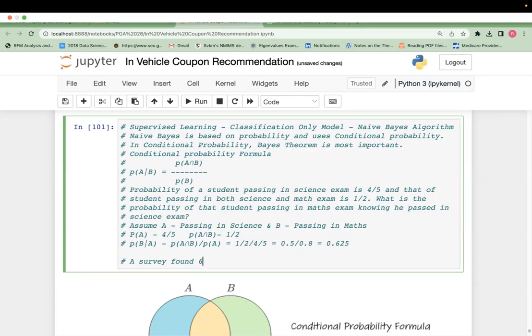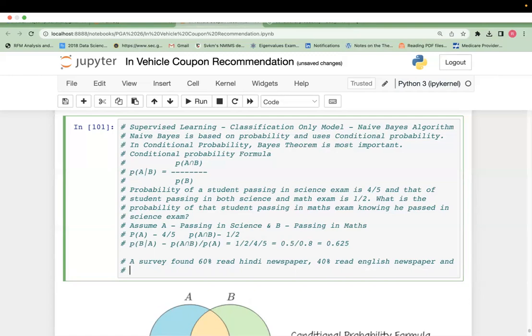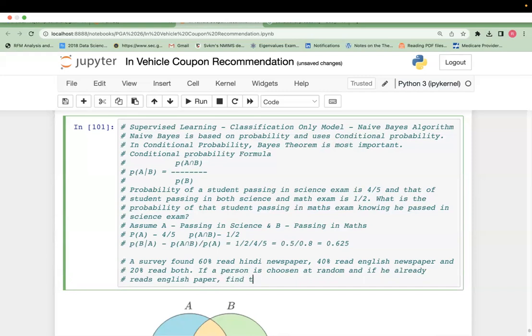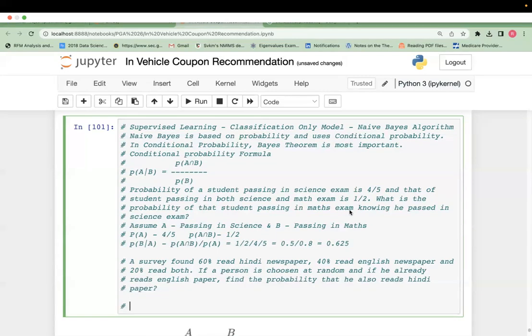A survey found 60% read English, 40% read Hindi, and 20% read both. If a person is chosen at random and reads English, find the probability that he also reads Hindi.